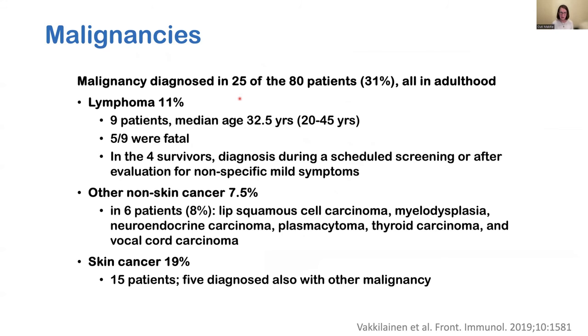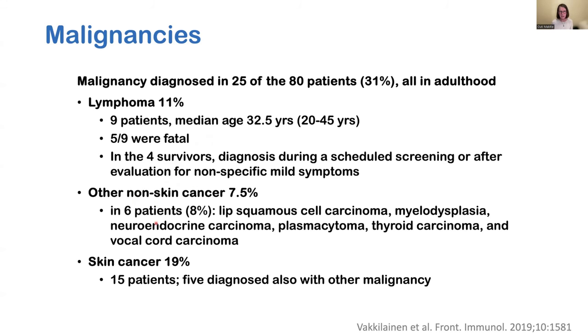Lymphomas in 9 patients, and actually 5 had poor prognosis and they had deceased of lymphoma, while there were 4 survivors. What was important, we could see that all these had a scheduled follow-up for monitoring with ultrasound, for example, or they were evaluated after very mild symptoms for a suspicion of lymphoma.